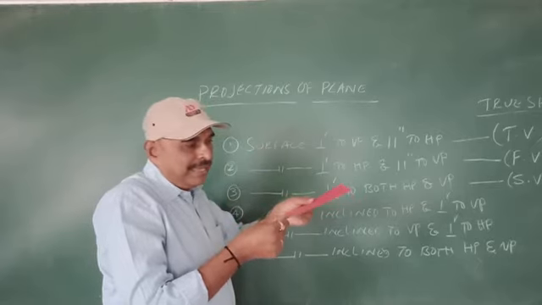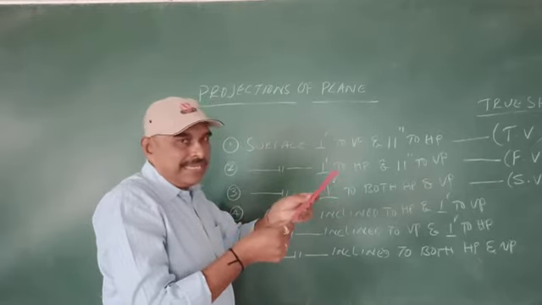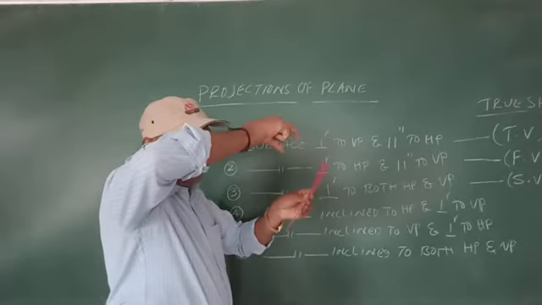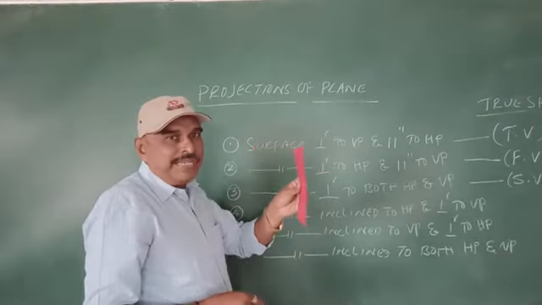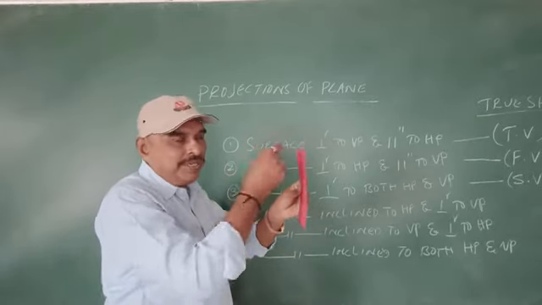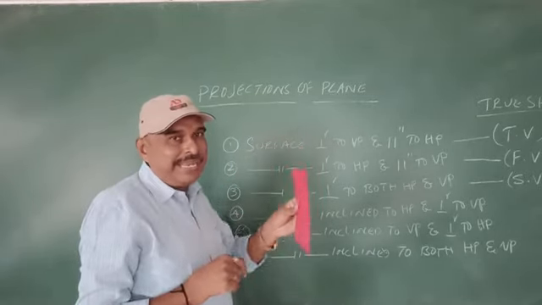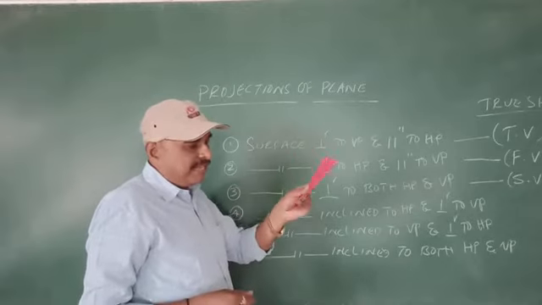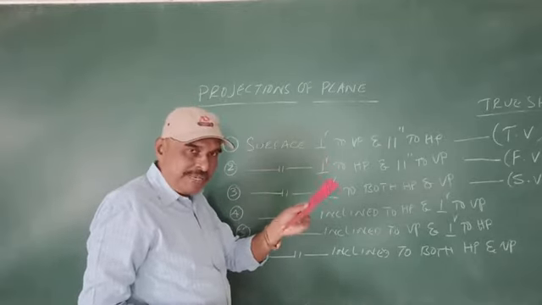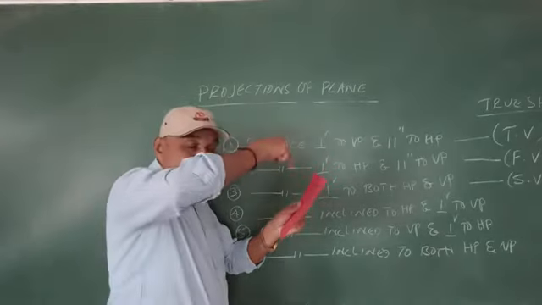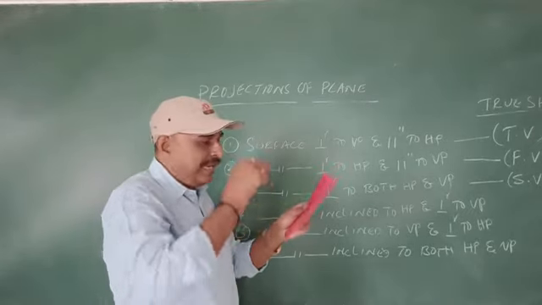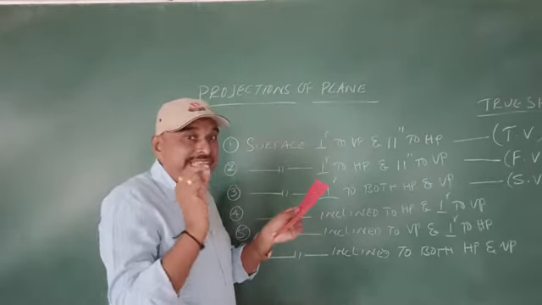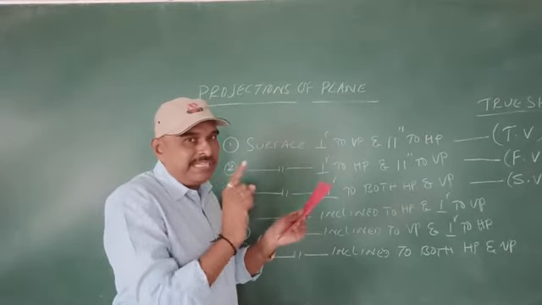As the angle gradually increases, the shape gets foreshortened. When finally it is perpendicular to HP, you will get only a line. That means when the surface is inclined to HP, in the front view you can see the inclination. In the top view, you can see the shape of the object, but it is not the true shape.